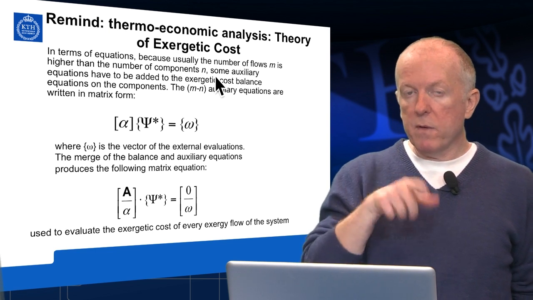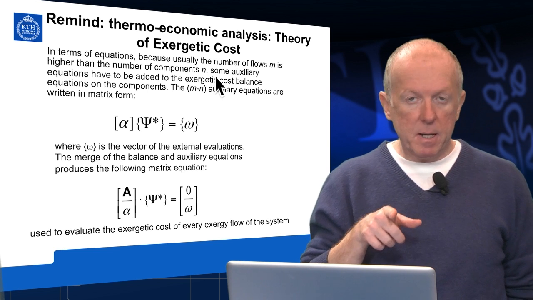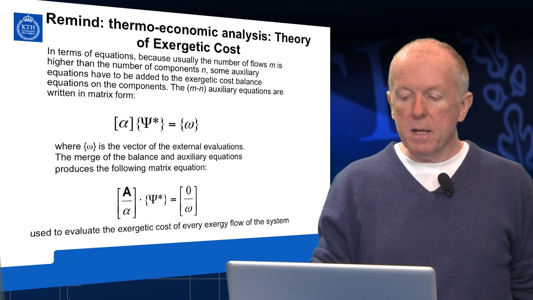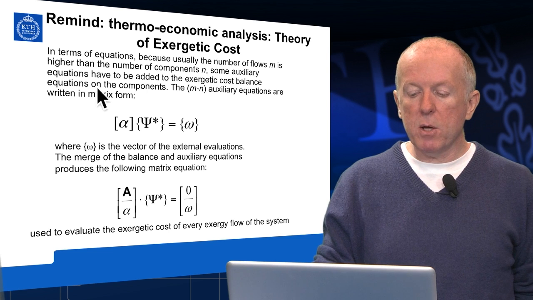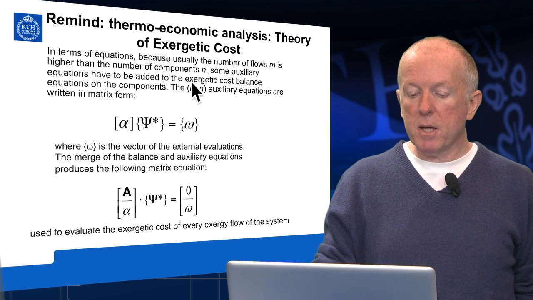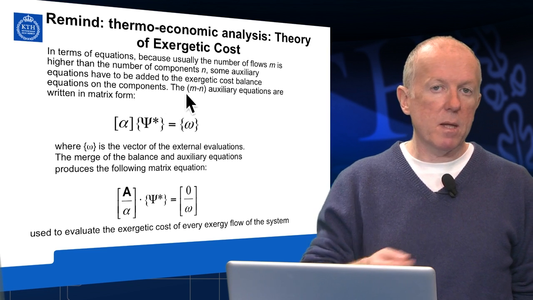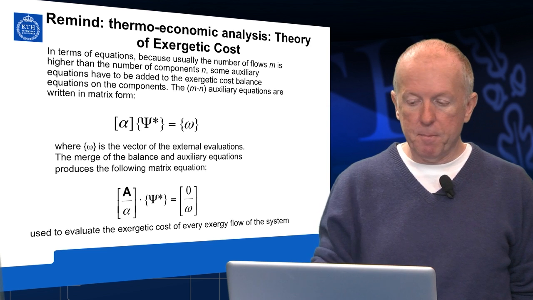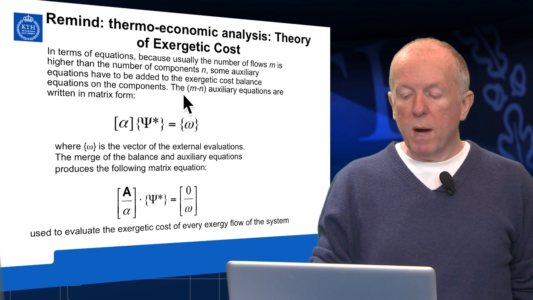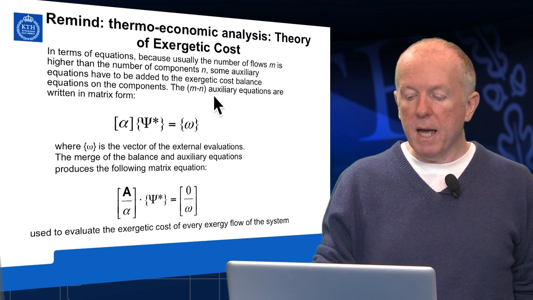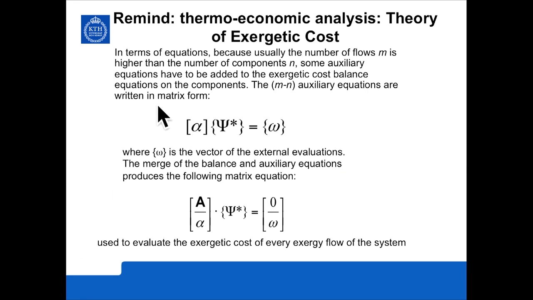So in order to solve the matrix equation, you need to add some auxiliary equations to the exergetic cost balance of the components, because otherwise the system cannot be closed mathematically. So you have to add m minus n auxiliary equations to the system of equations.